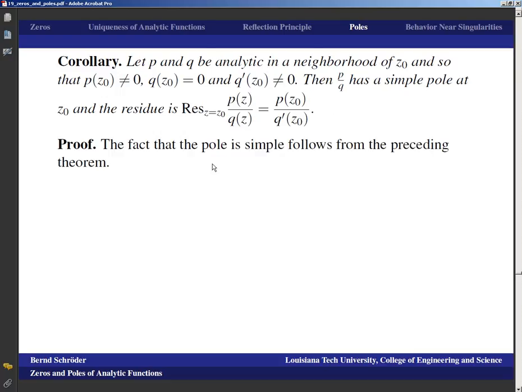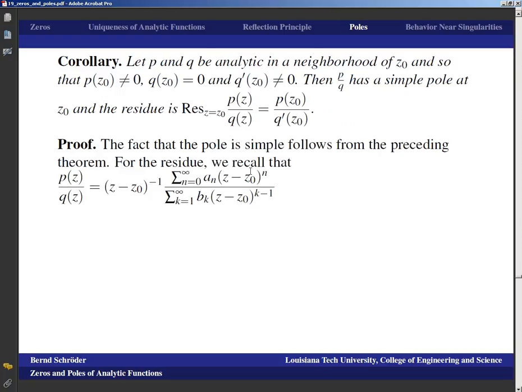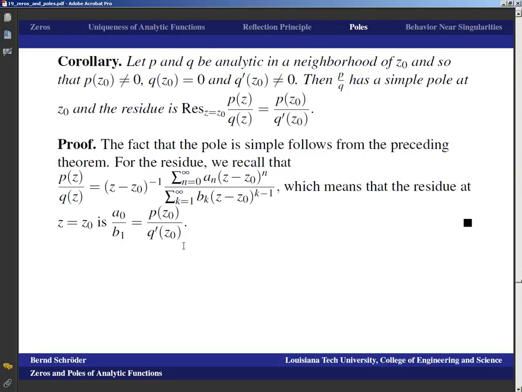And the proof is, well, the fact that the pole is simple follows from the preceding theorem, and for the residue we recall that p of z over q of z is z minus z0 to the negative 1 times this analytic function, and then we just need to find the value of this analytic function at z0, and that value is a0 over b1, and that's p of z0 over q prime of z0, and that's it.